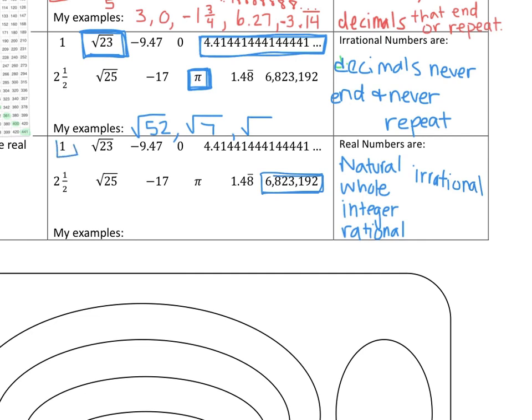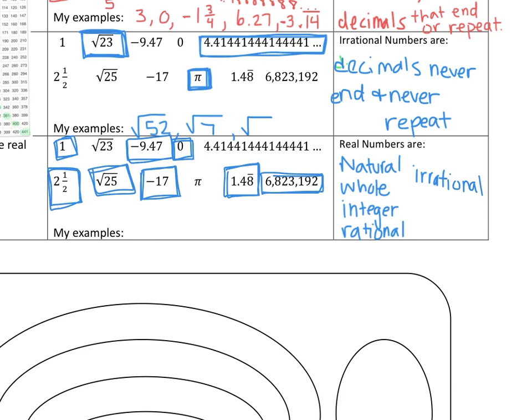1 was natural, and the square root of 25 was natural. Okay, whole numbers included that number 0. Integers were that negative number that is like a counting number, but it's negative. A rational number are the decimals that end, or a fraction, or a decimal that repeats with that line, keeps going on and on.